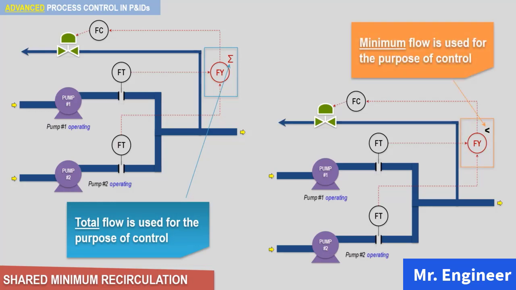The issue with the left-hand P&ID schematic is that the control system cannot recognize which pump is suffering from the flow lower than the minimum flow. And the issue with the right-hand schematic is that the control system cannot provide the flow to satisfy both suffering pumps if both pumps are suffering from flow lower than the minimum flow, but with uneven difference to the minimum flow.